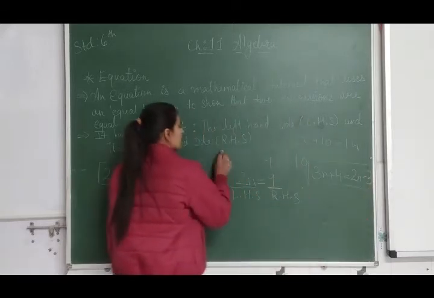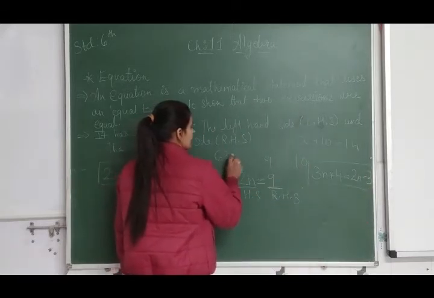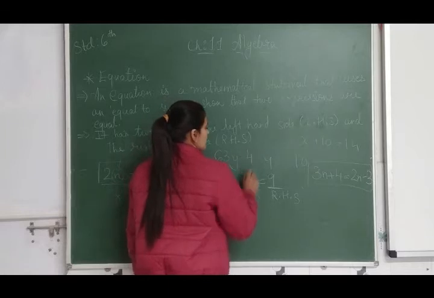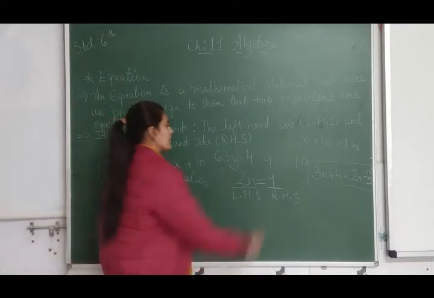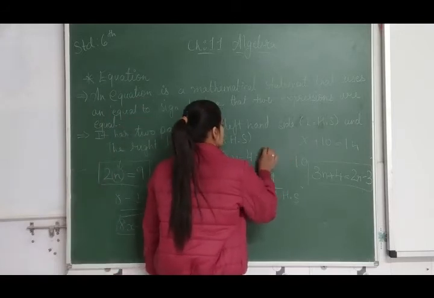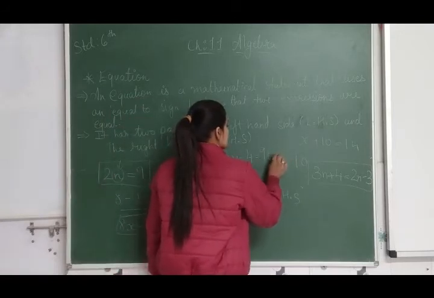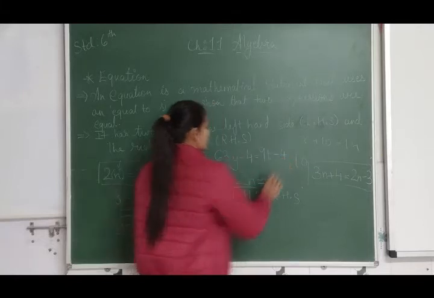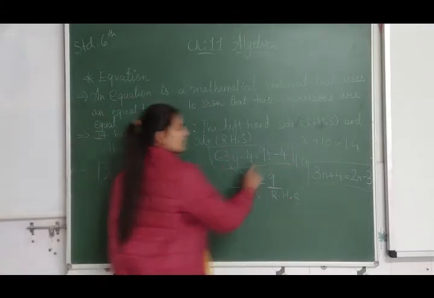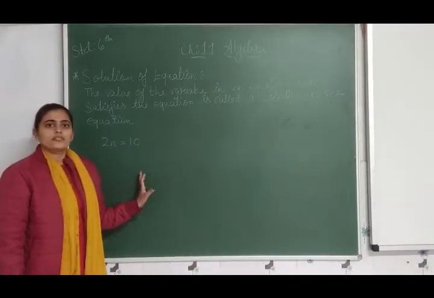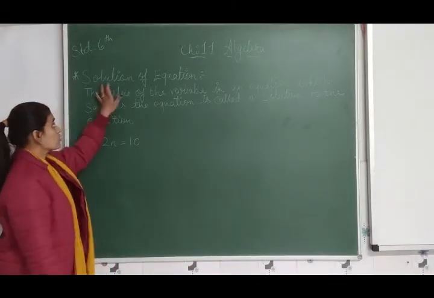Now only 3y minus 4 is there, then this is only an expression, but if it is equal to 9y minus 4, then this becomes an equation. Now the next topic is solution of equation.